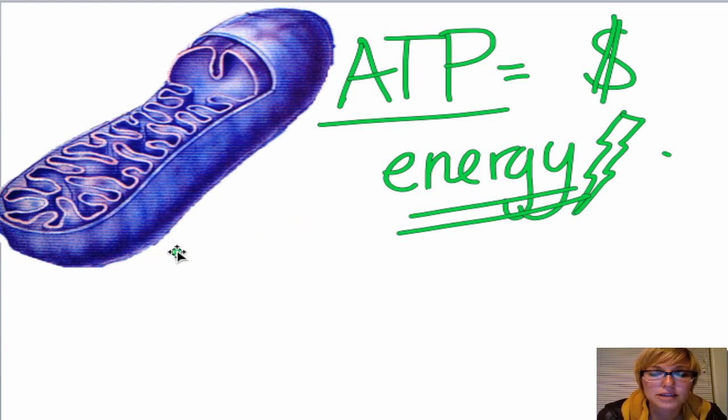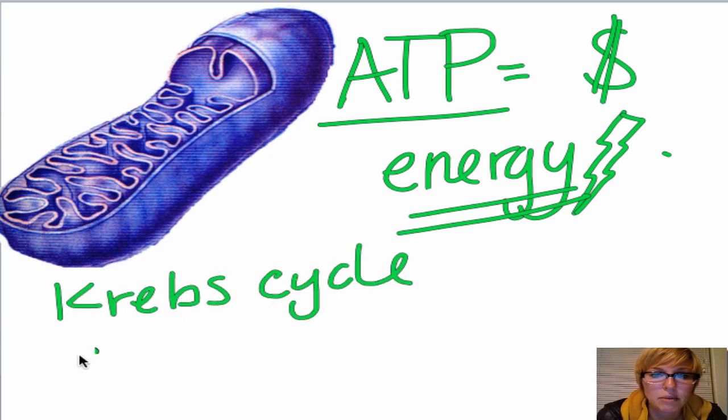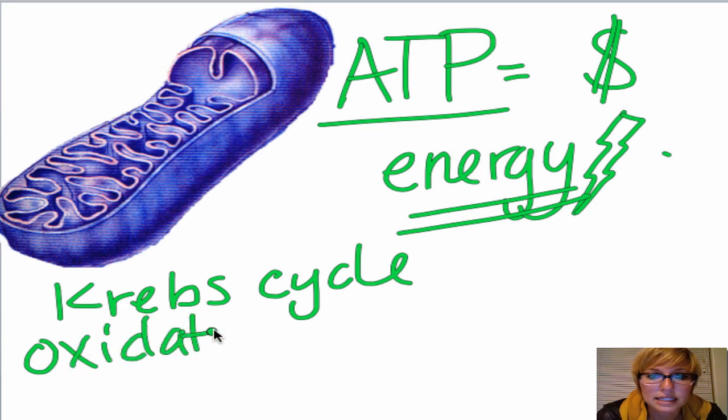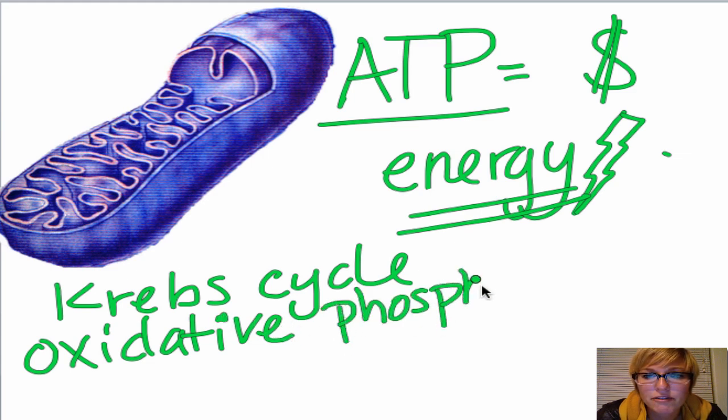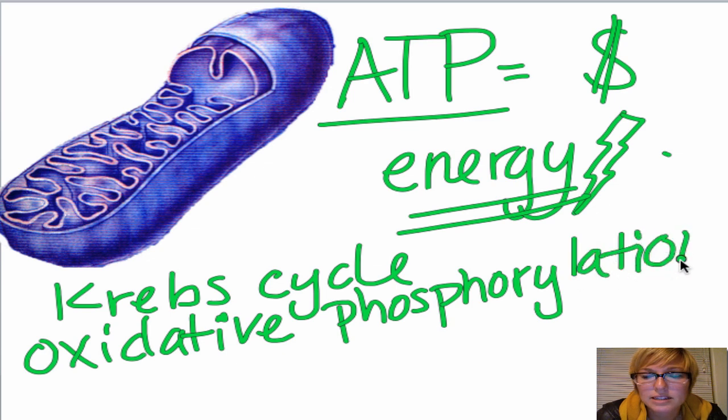And there's two cycles that happen here. We have the Krebs cycle, and we also have a process called oxidative phosphorylation. And these are part of cellular respiration, which we are going to know so ridiculously well by the end of this unit.